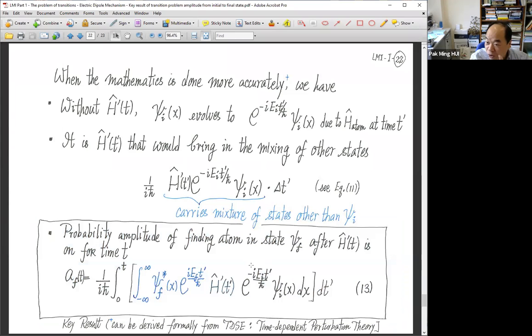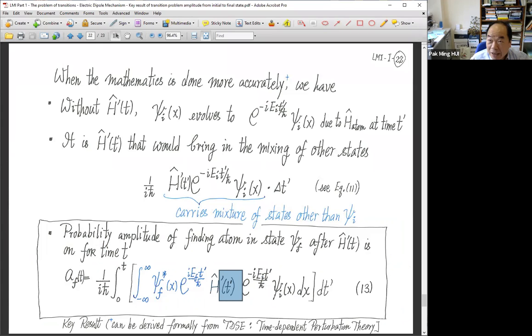Now, I just mentioned that in our poor man's way, we don't see the energy criteria, but now we can see it. We have a final, we have an initial. Do you see that there is a final minus initial energy already, right? Remember, there is a cosine omega t in here, okay?